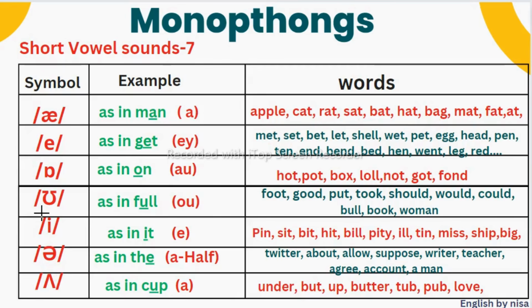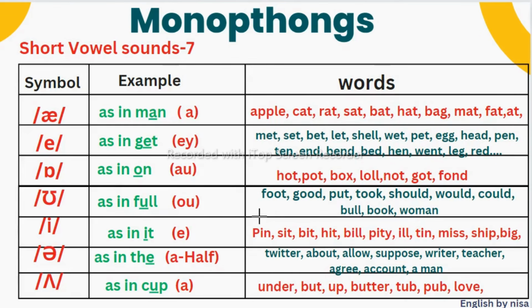Now let's see another sound. The next sound is u. Here I have written two letters, and that symbol produces the u sound. I did not write only o because you may get confused and pronounce it o. It's not o, it's u, like in foot, full. Just now I told you we are not concerned about spelling but about sound. No matter what spelling you get, you should look at the sound.